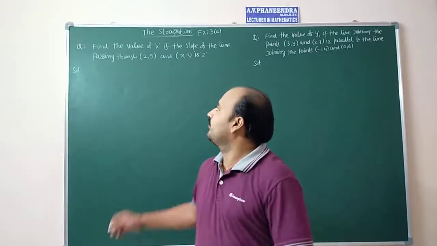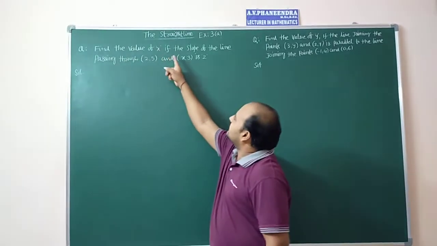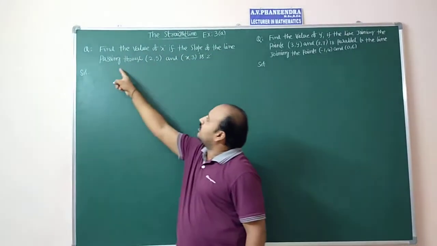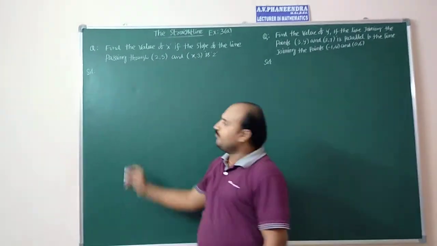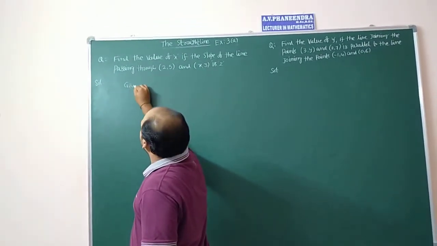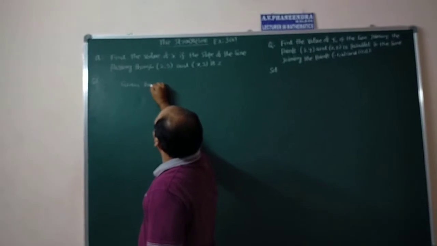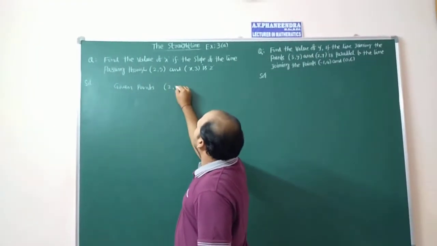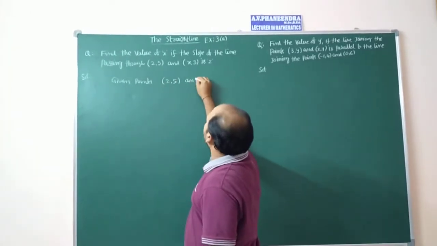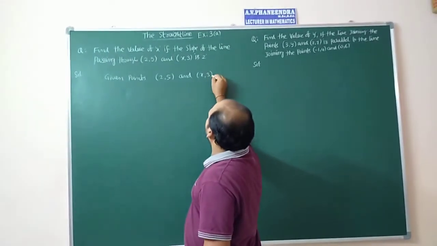Next question. Find the value of x if the slope of the line passing through the points 2, 5 and x, 3 is 2. First, given points: simply write the given points 2, 5 and x, 3.